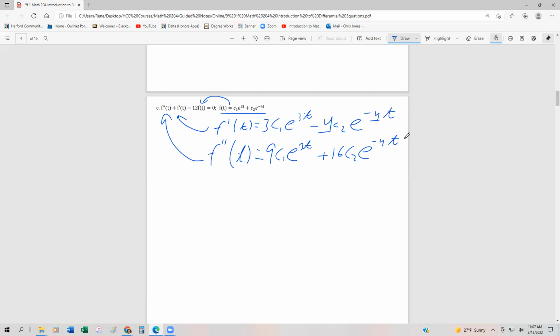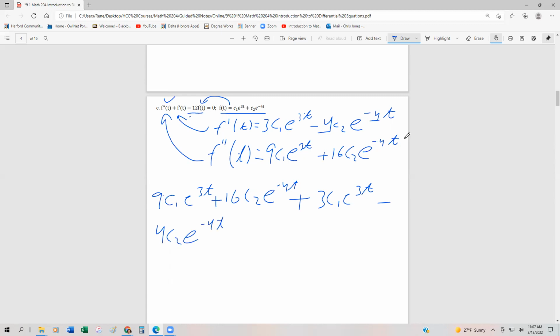Okay, so the differential equation now becomes, we're going to take the second derivative. It's going to be 9 c1 e^(3t) plus 16 c2 e^(-4t). All right, so that's for f double prime. Then we're going to add f prime, which is 3 c1 e^(3t) minus 4 c2 e^(-4t).